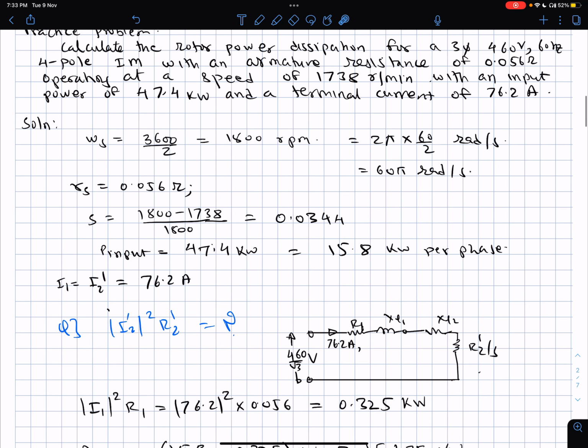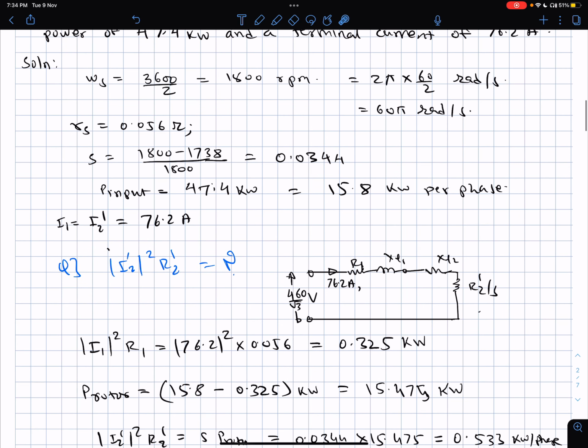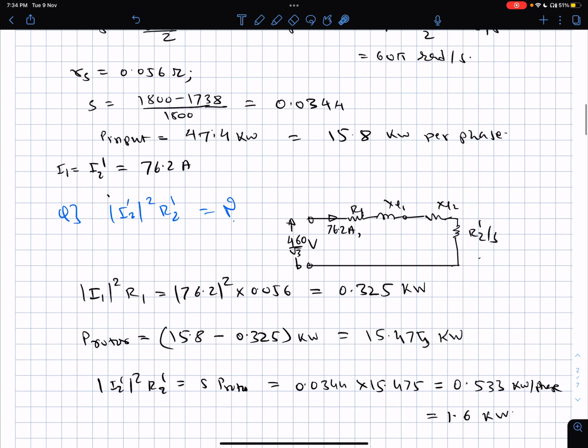Once you know the terminal current is 76.2 amperes, you can immediately calculate the losses which are going to happen in the stator winding, exactly as in the previous case, and subtract it from the input power.